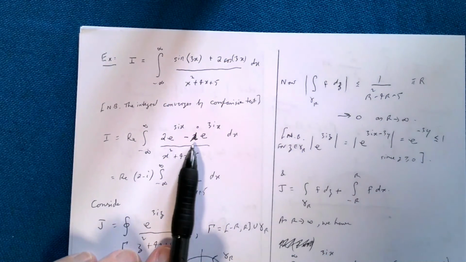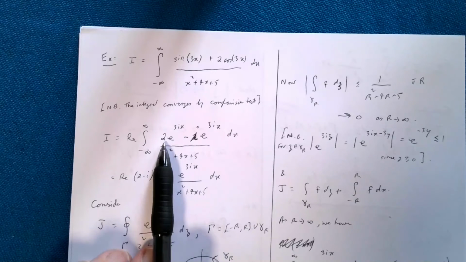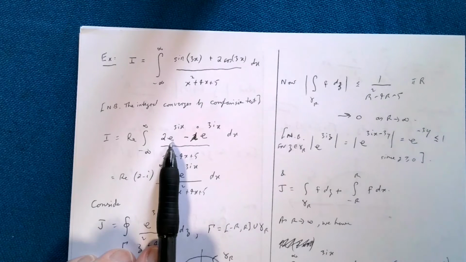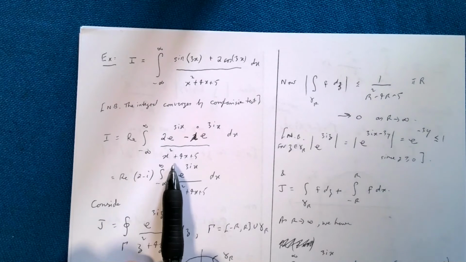So that's just a little trick to rewrite the top in terms of exponentials. You have to do that in order to get the bounding argument to work a bit later. So that just stays the same.